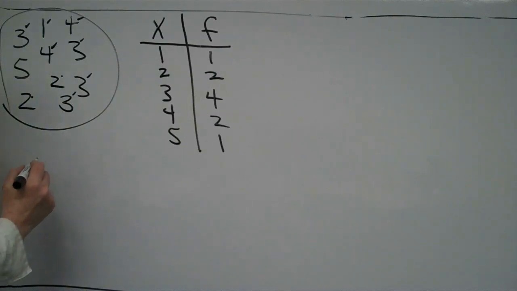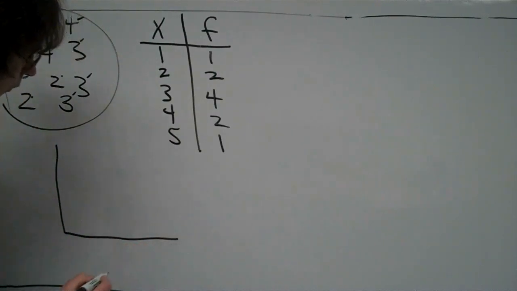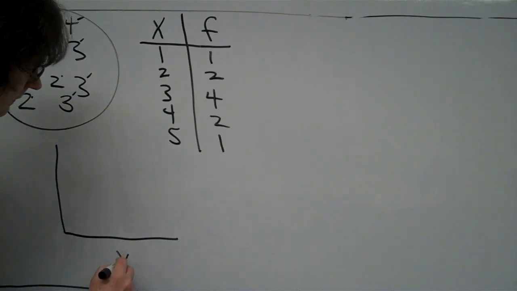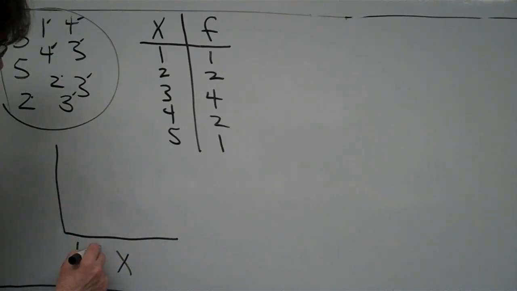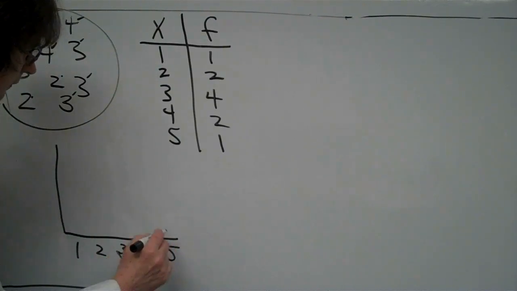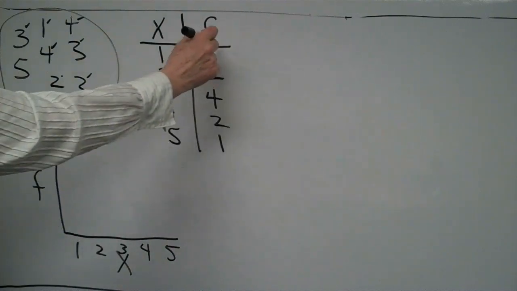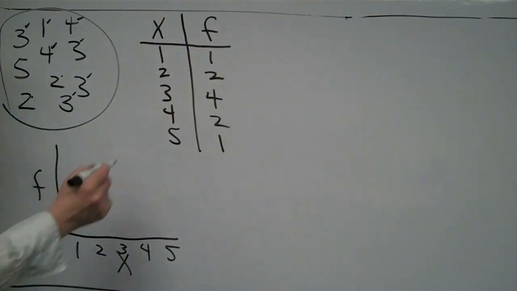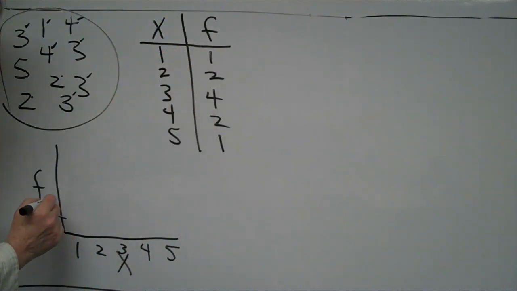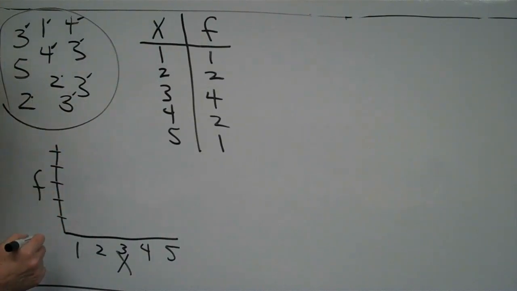We can make it into a graph by putting the x and y coordinates. The score is x, 1, 2, 3, 4, 5, and the y-axis is equal to the frequency. Let's make 5 levels on our frequency.